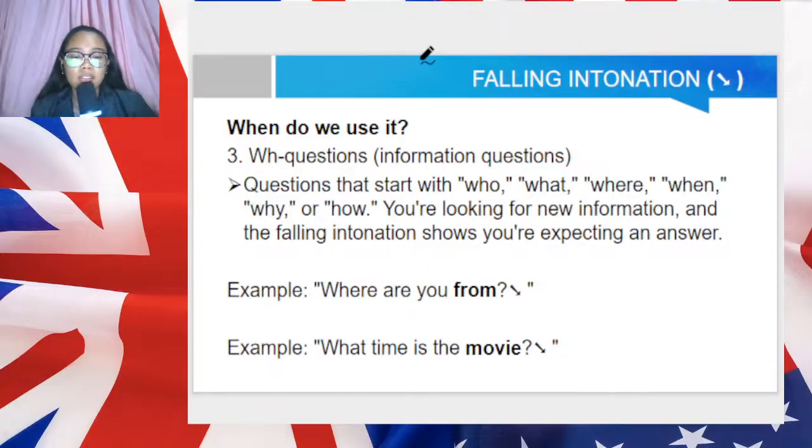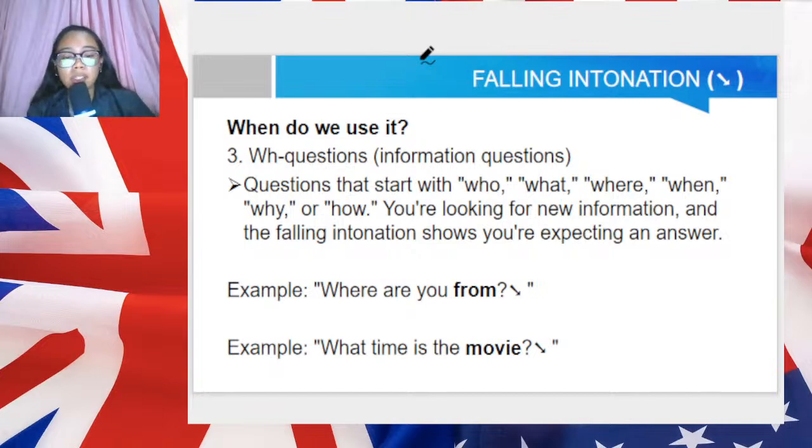Now let's really expand on the use of falling intonation when it comes to WH questions, or what we call information questions. This is a crucial area because it often differentiates clear, natural English questions from those that might sound hesitant or unsure.